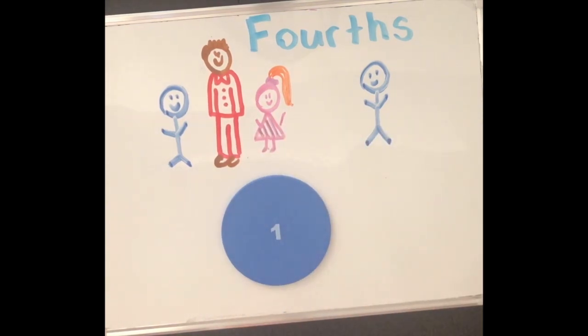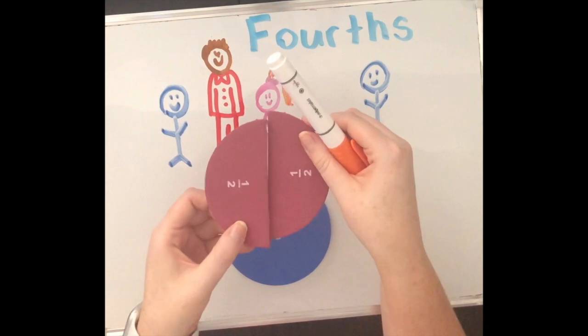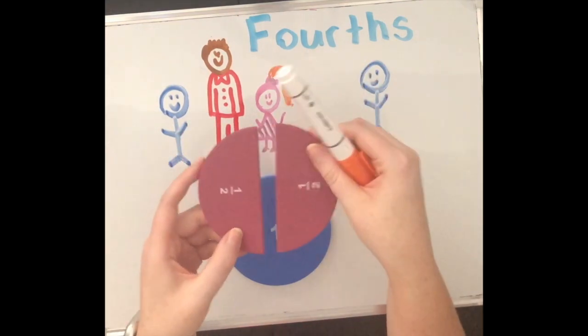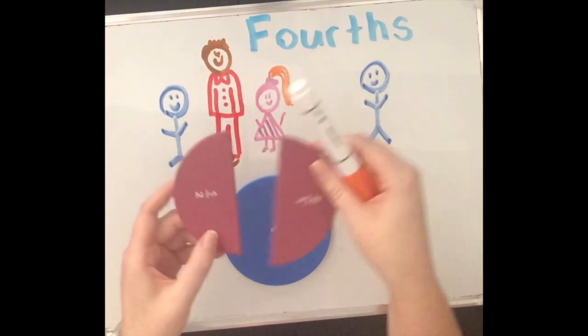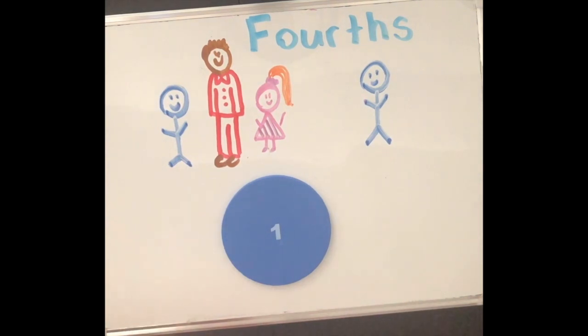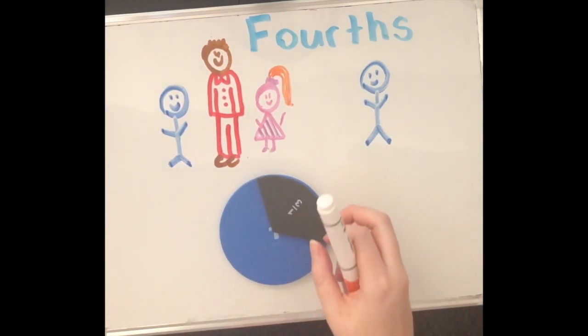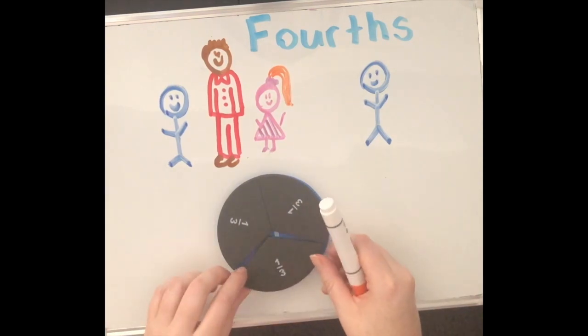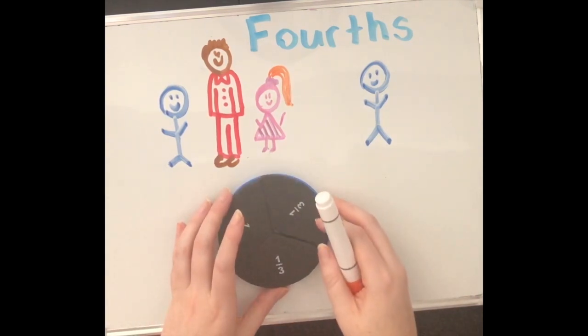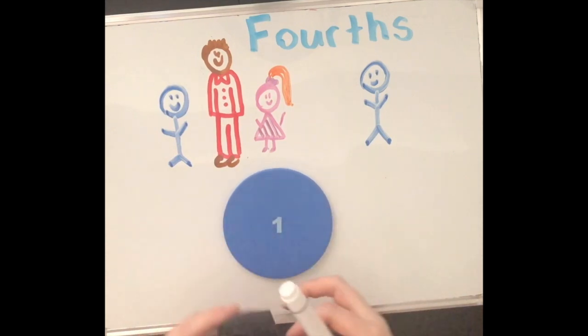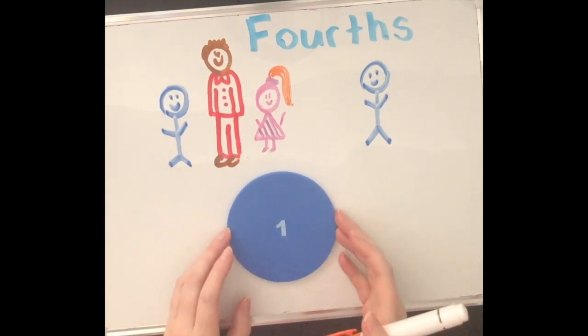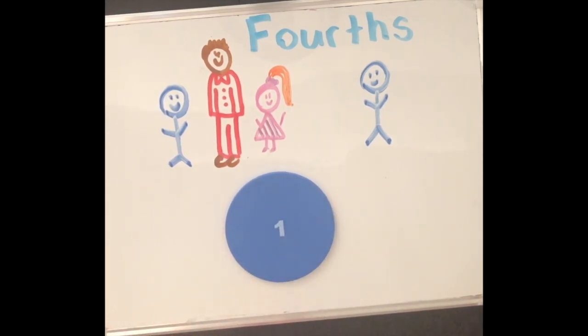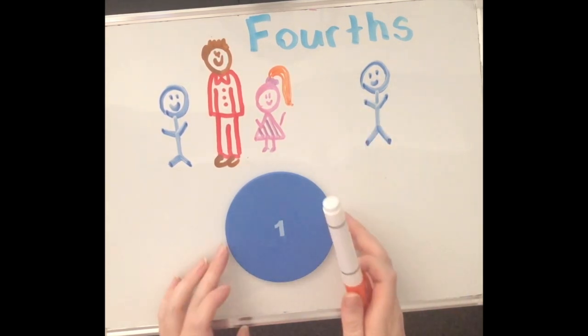We cannot divide it in half because that's only 2 pieces. We cannot split it in thirds because that will only make 3 pieces. It's not enough for 4 people. So we find a way to split our shape into 4 equal pieces, and these are called fourths.